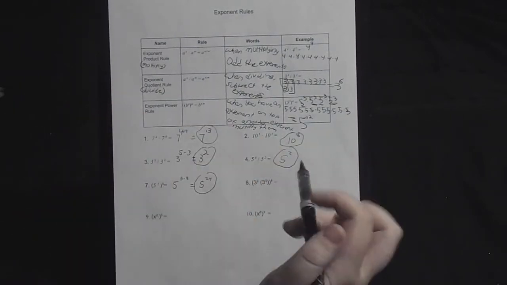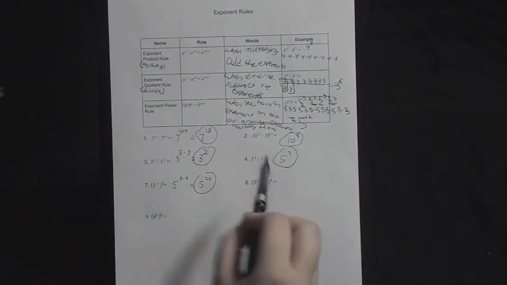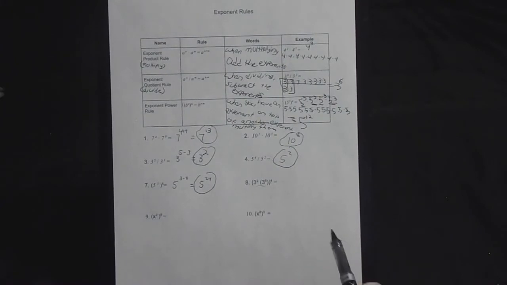Okay. If I do the next one, this one kind of combines a couple rules. So you always start with the furthest out parenthesis, which means we're starting with the fact that all of this in the parentheses is being raised to the power of 4. Which means when you have an exponent on an exponent, you multiply them.